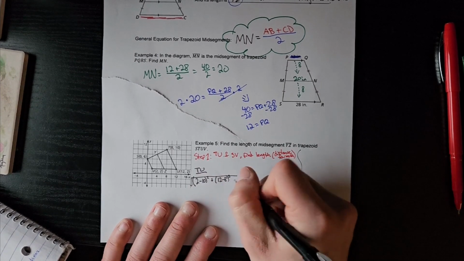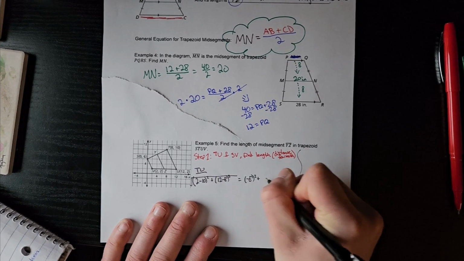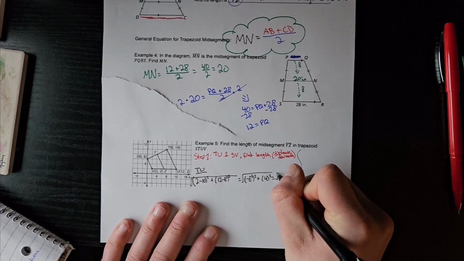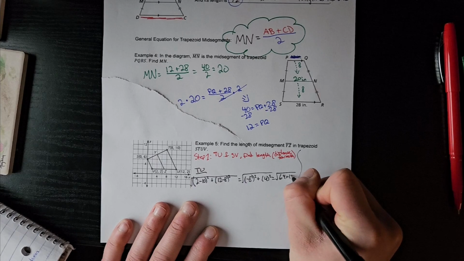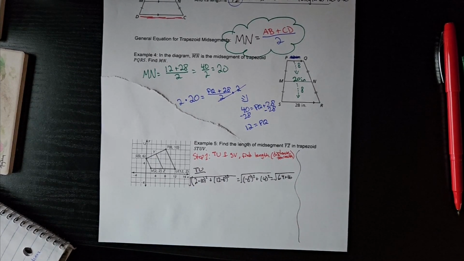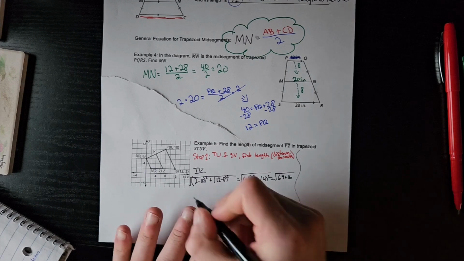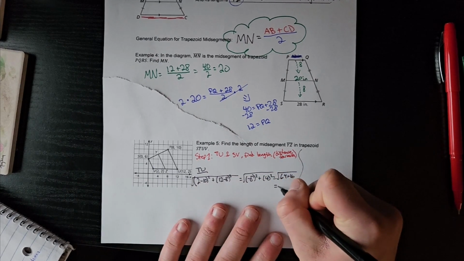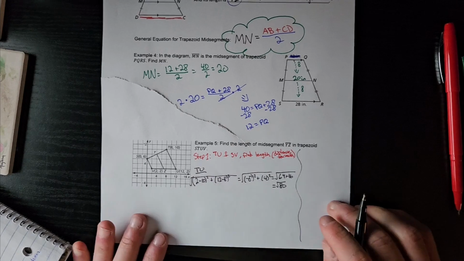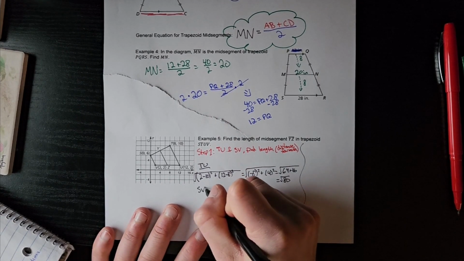I will end up with negative 8 squared plus 4 squared. That's the square root of 64 plus 16. I don't know that off the top of my head. I should because of like Minecraft or something, but I don't. This is the square root of 80. That's TU.